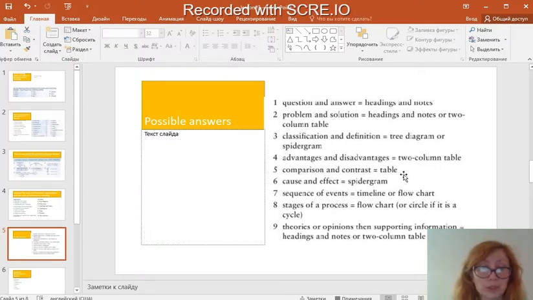Also two-column table or just a table. Cause and effect, they suggest you to use spidergram, sequence of events, timeline, flowchart, stages of a process. Probably again flowchart. Theories and opinions and supporting information, like they suggest headings and notes or two-column table.